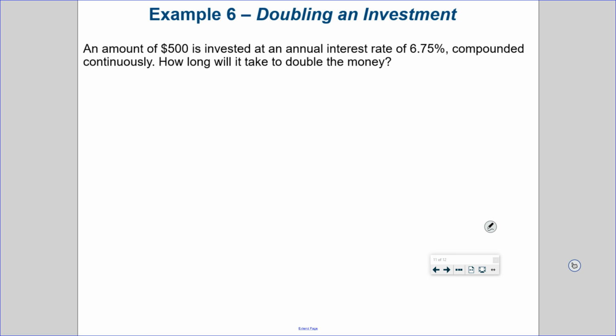All right, so you see compounding continuously, which is PERT. We know our principal, the amount we deposited, is 500.